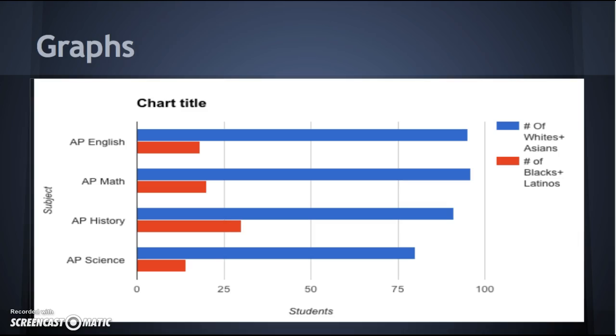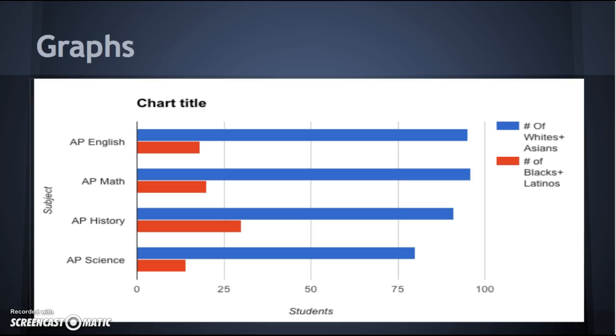But the question is whether these proportions are equal throughout each subject. The ones for English and math look pretty equal, but in history it looks like it's more diverse, and in the science classes it looks like it's less diverse.